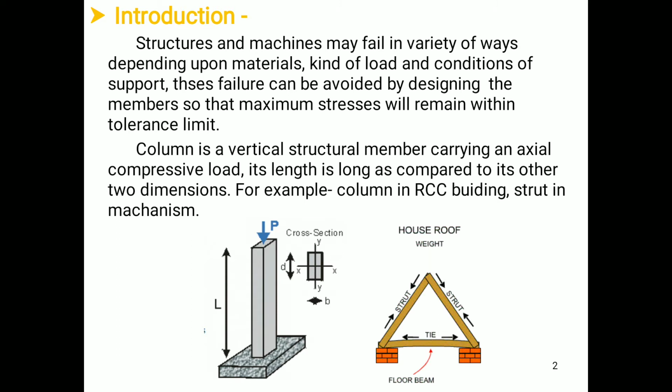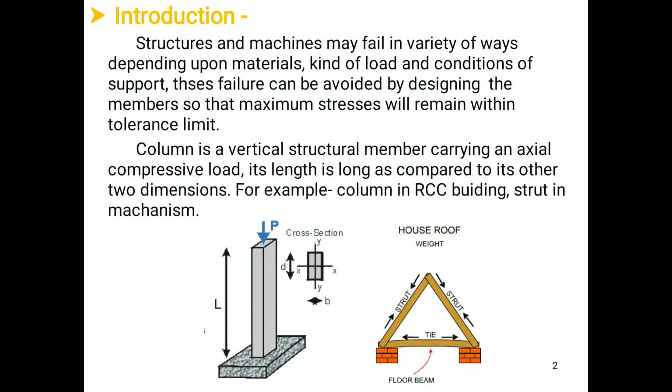What is a column? A column is a vertical structural member carrying an axial compressive load. Its length is long as compared to its other two dimensions, that is, length is greater than its width and height, so it can be considered as a column.